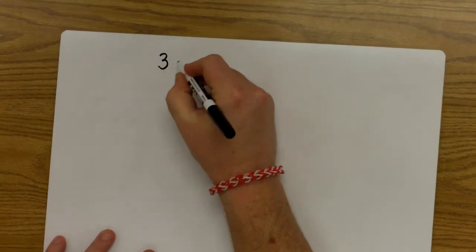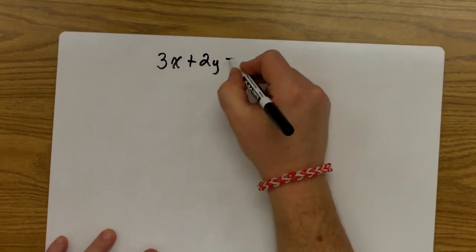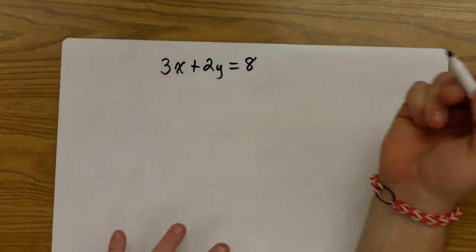Okay, for this video we're going to practice a few more writing equations. I'm going to start with 3x plus 2y is equal to 8.